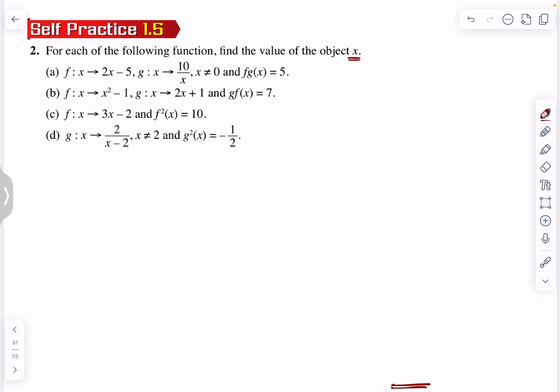Alright. Okay, B. So f(x) is this, g(x) is this, g(f(x)) is 7. Right. So let's find our own version of g(f(x)). So if you know g(x) is 2x plus 1, g(y) is 2y plus 1, g(f(x)) would be 2f(x) plus 1.